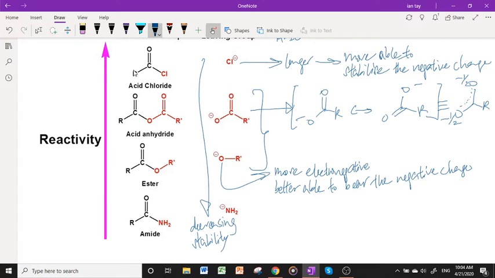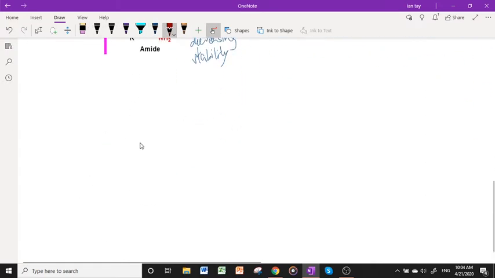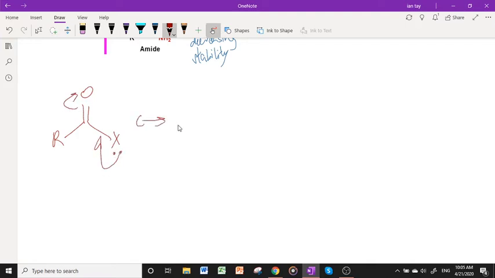But I would like to highlight a second factor that affects the reactivity of the carboxylic acid derivative, and that is resonance. So note that for a carboxylic acid derivative, there is the possibility of this resonance structure. You probably have encountered this before in the amides, right?